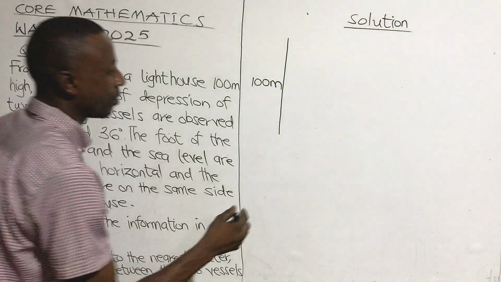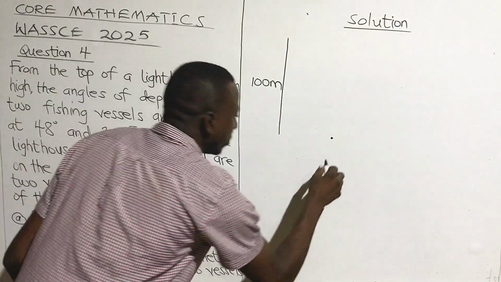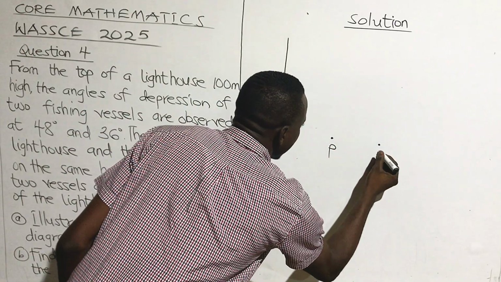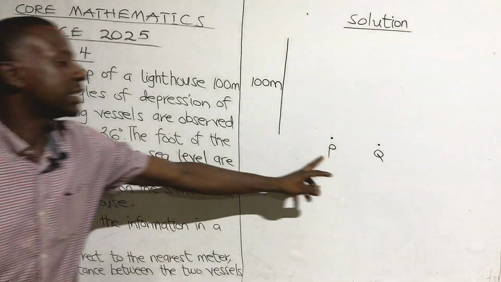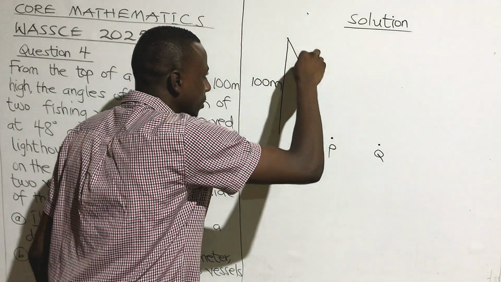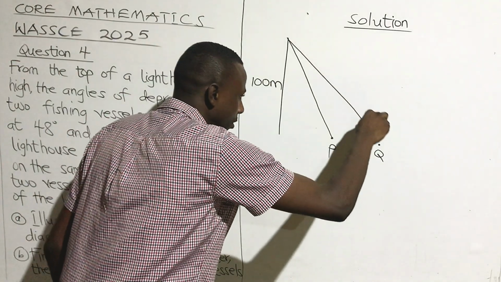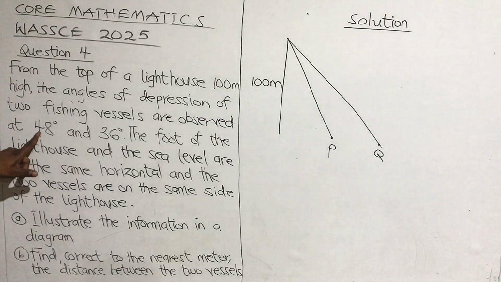From here, I will let this one be my first vessel, P. Then I have another vessel here, Q. So these are the two vessels we are observing, P and Q. And the question said, at 48 degrees and 36 degrees respectively.